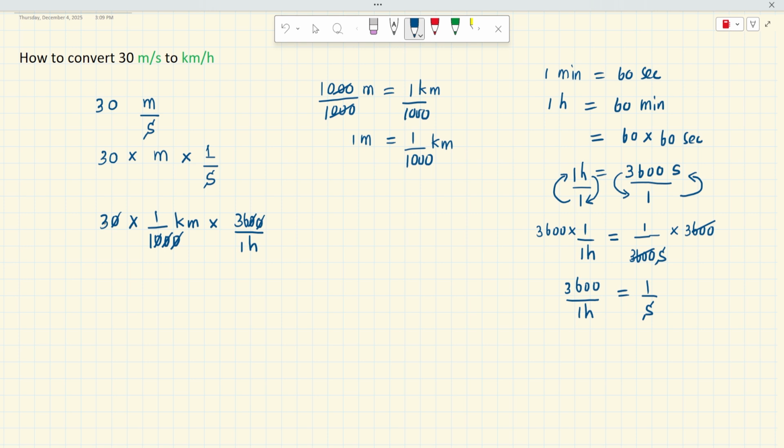In numerator I have 3 times 1, that is 3. Then 3 times 36, that is 108 kilometers. In denominator I have 1, and here 1h. 1 times 1, 1h. That means h. So 108 kilometers per hour is the answer.